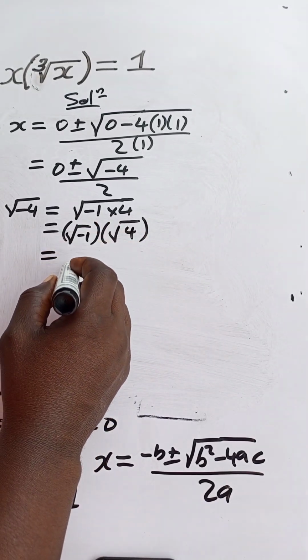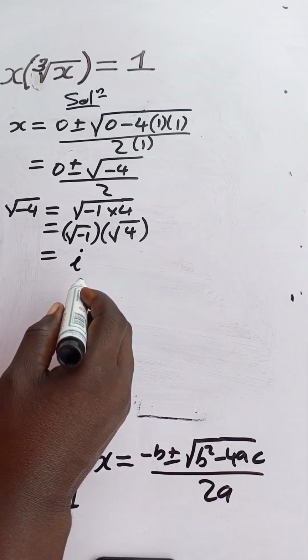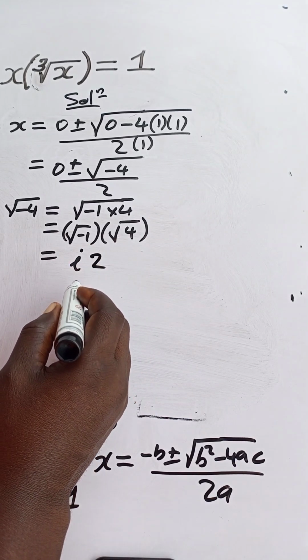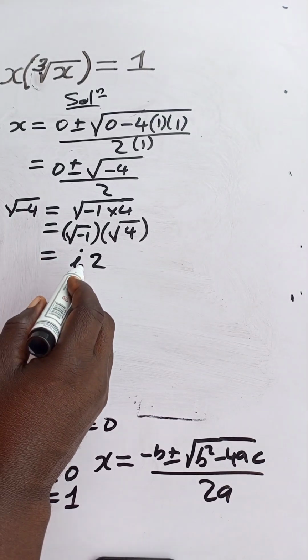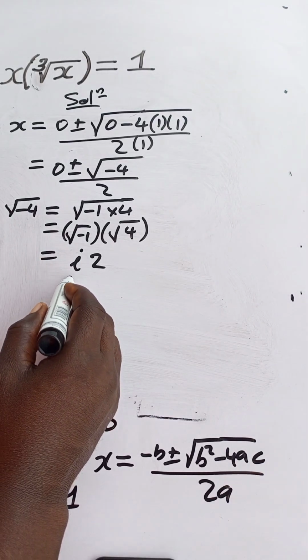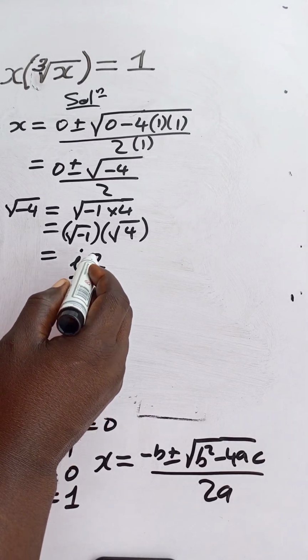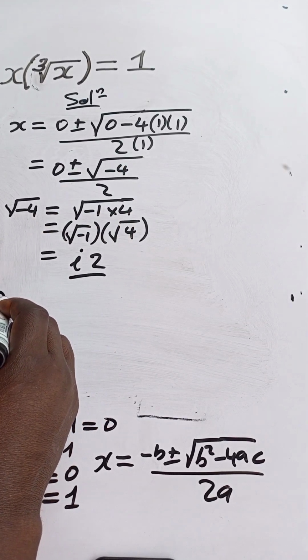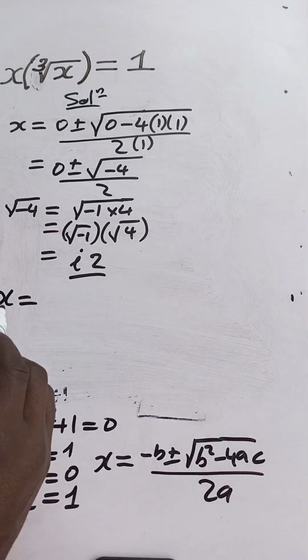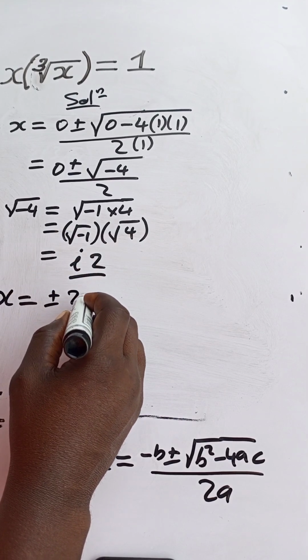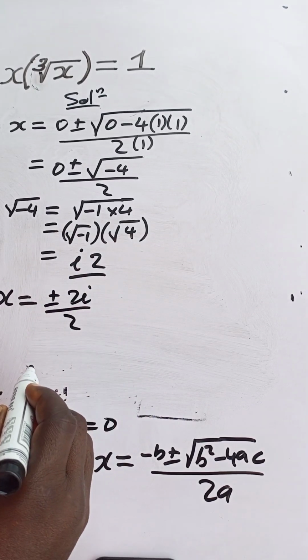Root of negative 1, we all know, is the imaginary number i, and then root of 4 is 2. So the root of negative 4 is 2i. Let's take this value and put it there now to have our remaining values for x. So x becomes plus or minus 2i all over 2.